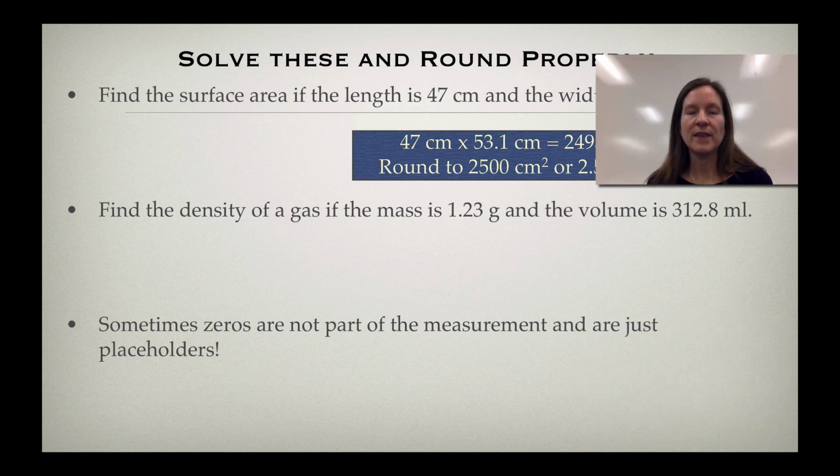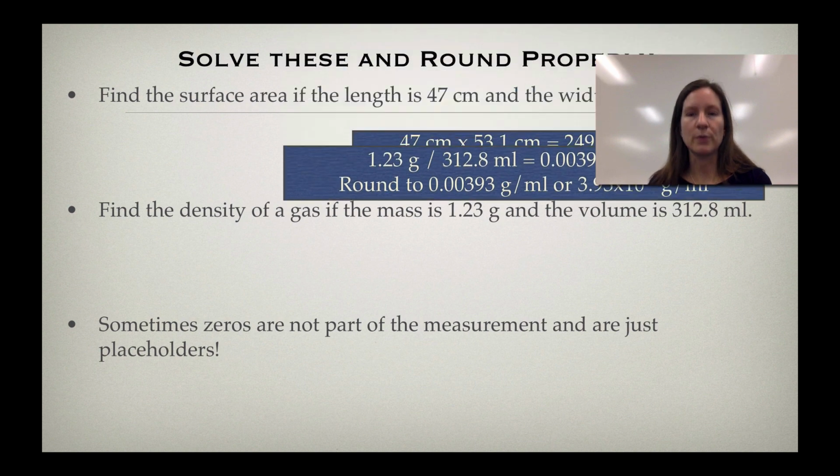Next example, I'm going to find the density, which is mass per volume. Take my mass in grams divided by the volume in mils. Get my final answer in my calculator, and the gram measured value has 3 sig figs, the volume one has 4, so I round my final answer to just 3.